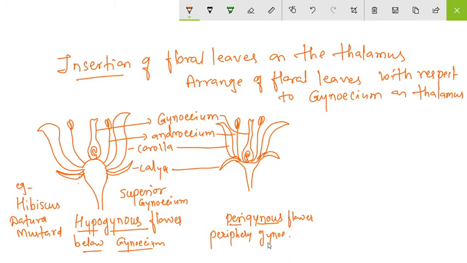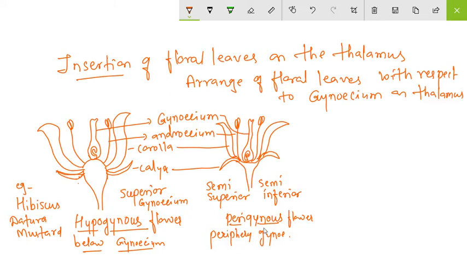So peripheral to the gynoecium, all floral parts are present. And such gynoeciums are known as semi-superior or semi-inferior.